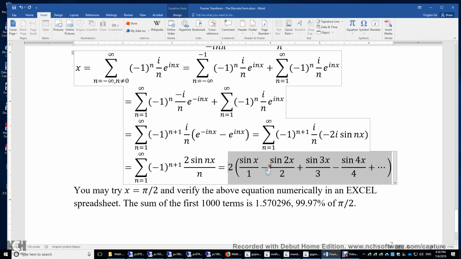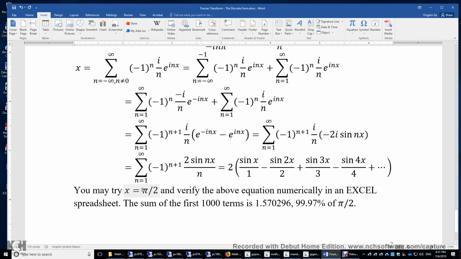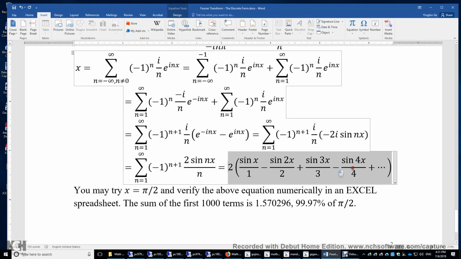The reason I expand this x in this form is because now we can try to verify this numerically. So you can try x equals 1/2 of pi, and then you can use Excel to compute this part. It's very simple because sine 1/2 of pi is 1, sine 2 times 1/2 of pi is 0, sine 3 times 1/2 of pi is negative 1, this is 0, and then sine 5 times 1/2 of pi is plus 1.